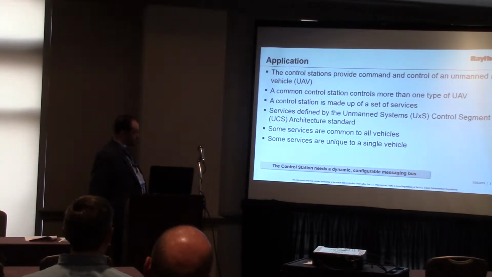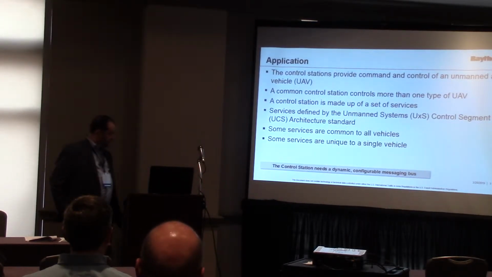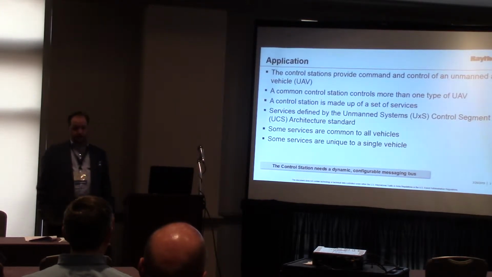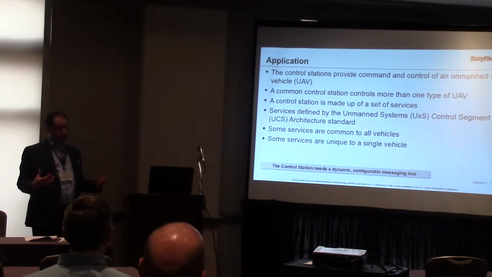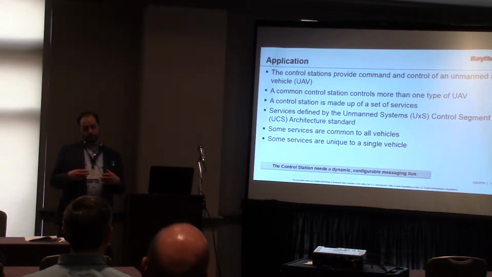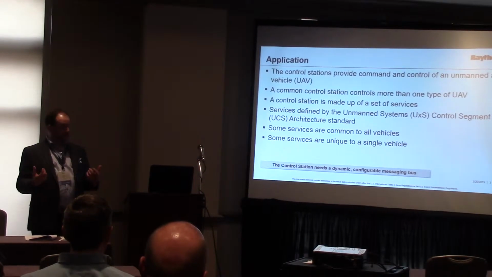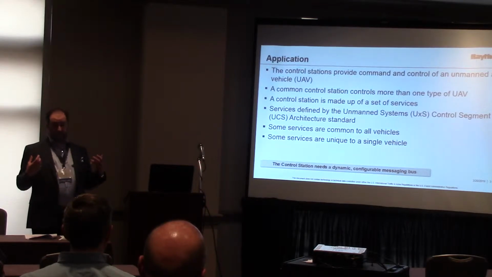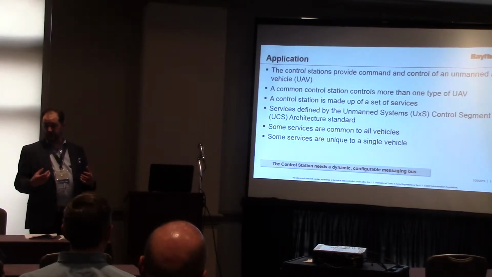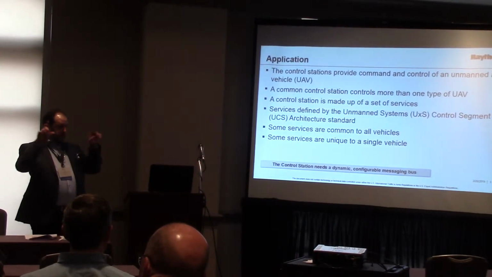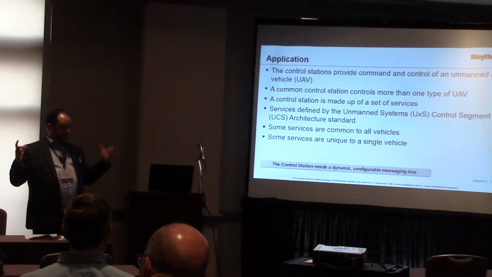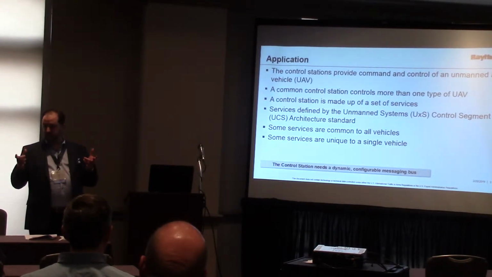So we talked for a second about the UCS architecture and the idea of coming up with common data models for things. Most of the standards that existed before UCS provided interfaces along the outside of the control station.